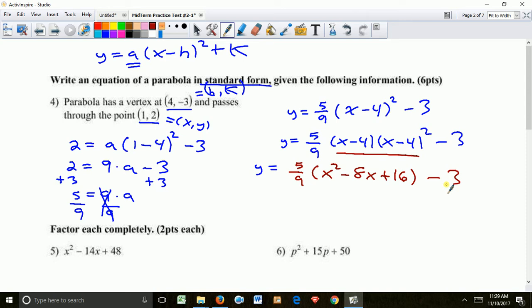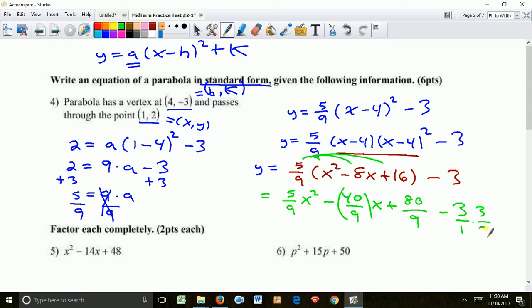Next, you go through and distribute your 5/9. So in this case, you're going to get 5/9 x squared minus 40/9 x plus 80 over 9 minus 3. You can combine the constants together. Here you've got 80 over 9. The common denominator in this case would be 9, right?